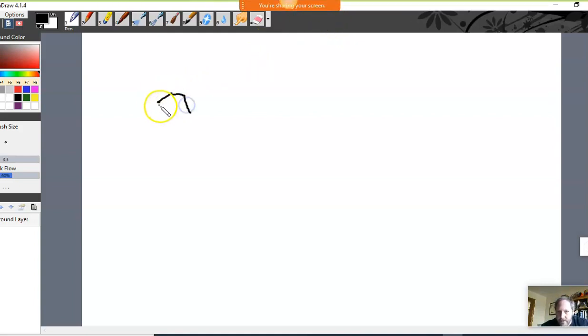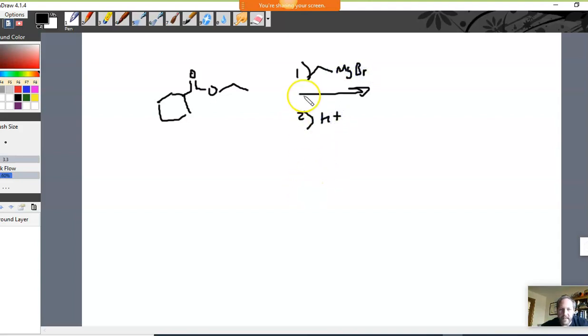So if you have an ester, and let's see, it's 2 carbons. You see how the reagents are the Grignard, and then the second one is acid. If it was only 1 equivalent, it would not have the acid.